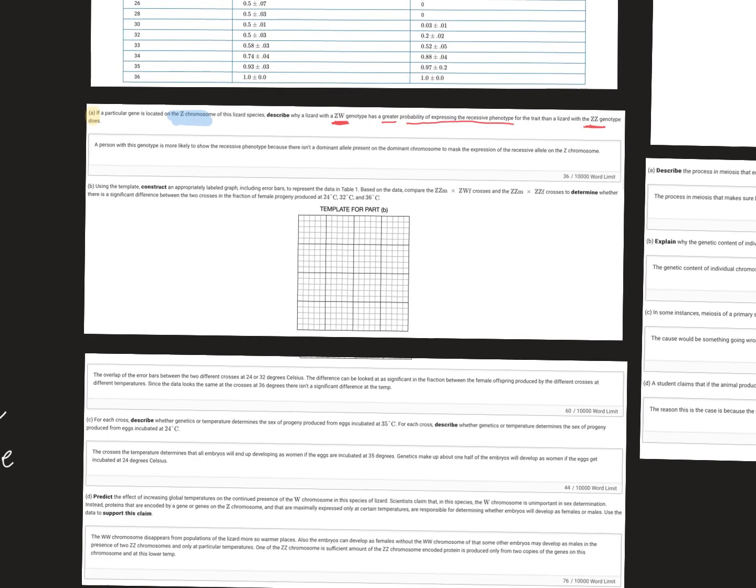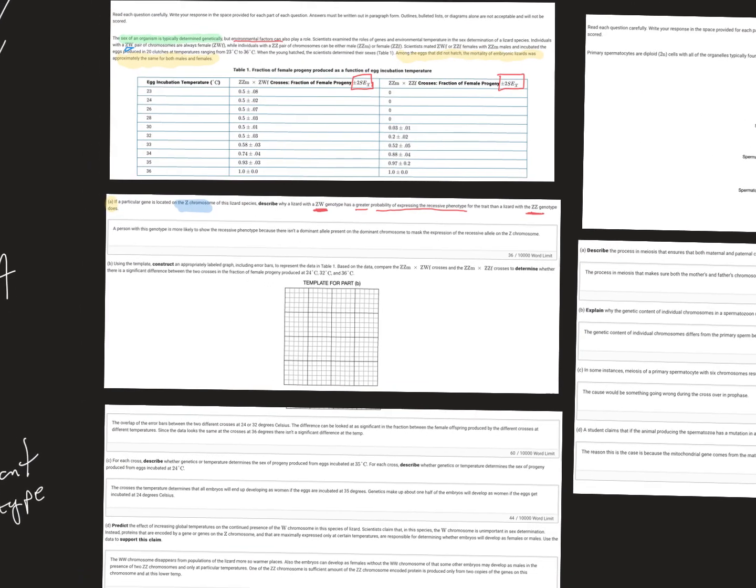Using the template to construct an appropriately labeled graph, including error bars that represent the table 1, ZZM, ZZWs, determine whether there is a significant difference between two crosses in a fraction of the female population. All right, at 24 degrees and at 36 degrees.